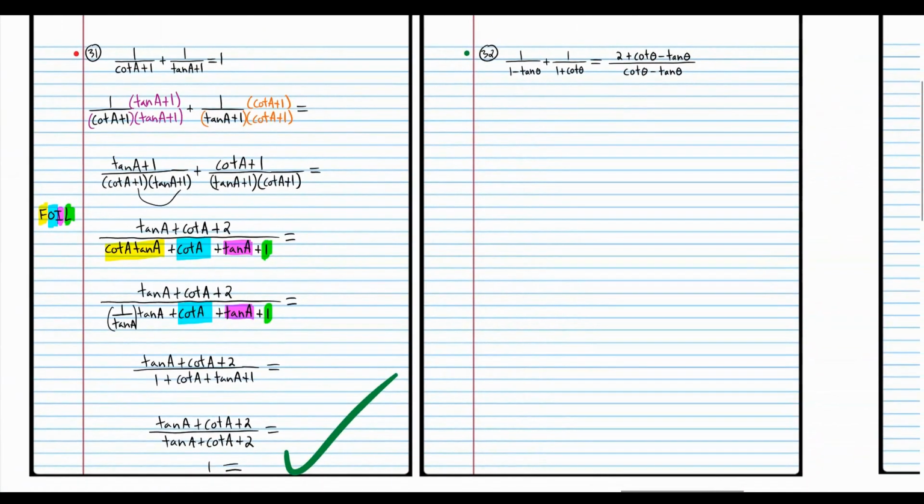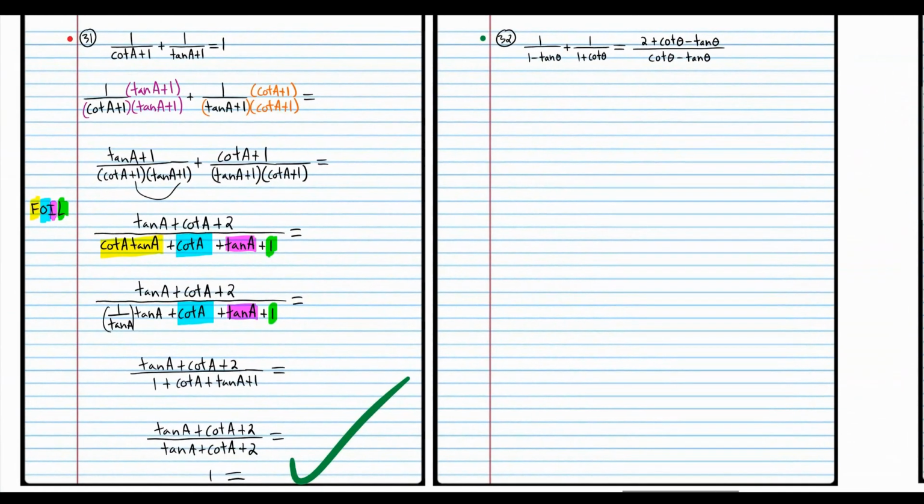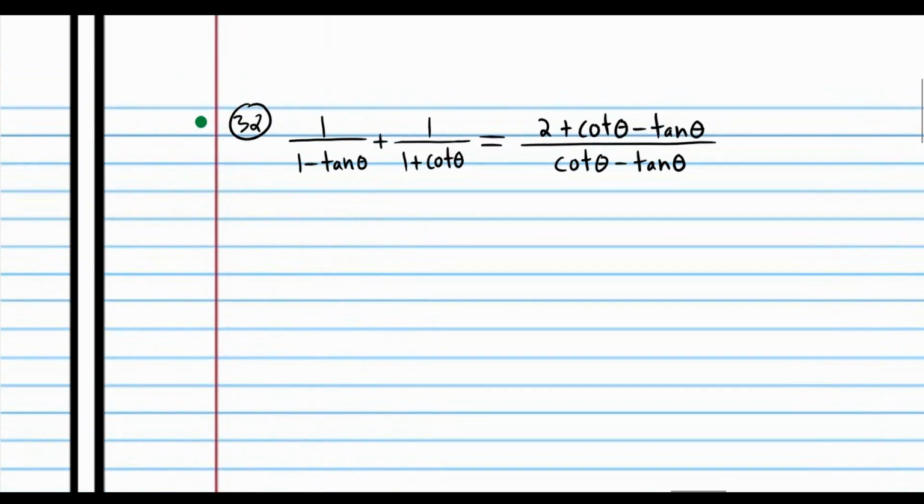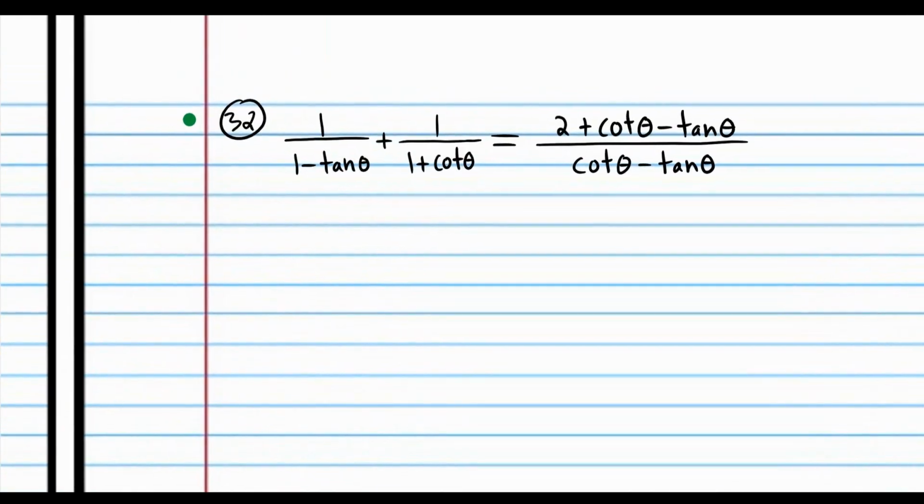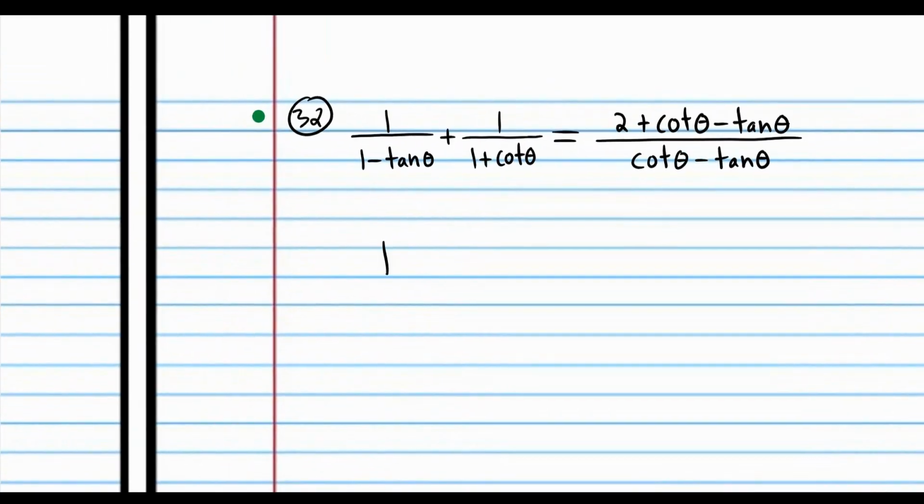So I want you to try number 32, and when you come back, we'll do it together. Alright, we're back. So we're going to multiply both sides of the first fraction by 1 plus cotangent theta.